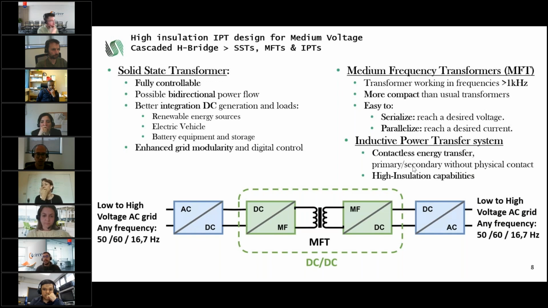It gives the isolation while simplifying things, because we can, for example, increase the gap between the primary and the secondary to reach the desired isolation, and due to the design, we can also reach high efficiency and high isolation capacities.